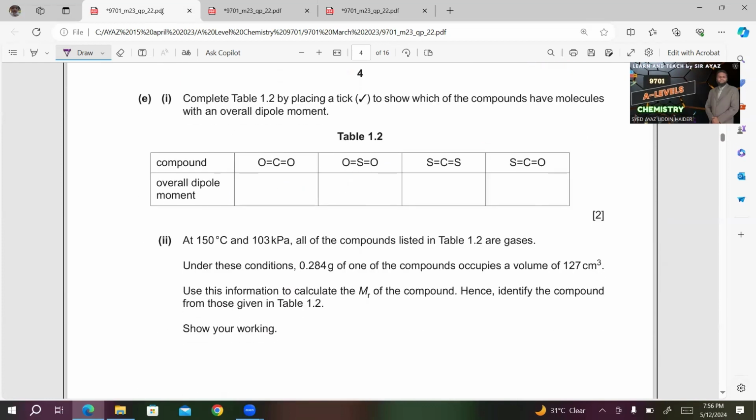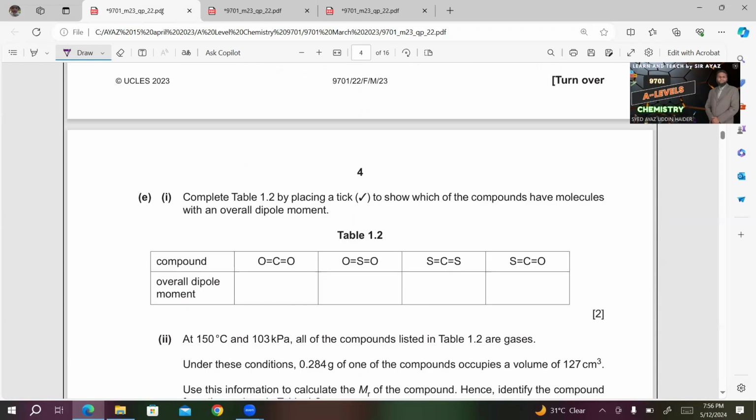Moving to the next question. E1. Complete table 1.2 by placing a tick to show which of the compounds have molecules with an overall dipole moment. So CO2, SO2, CS2, SCO.